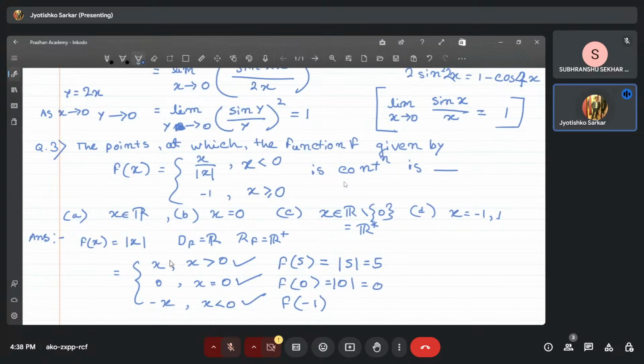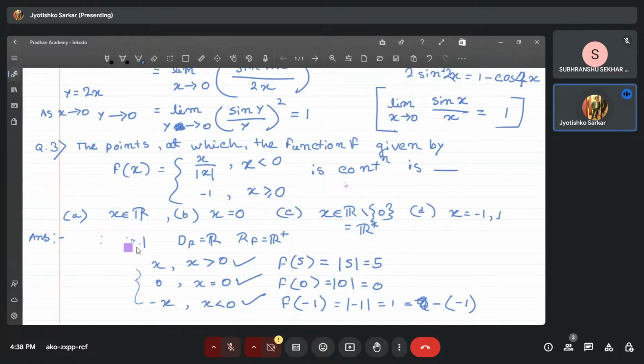In this case, we will get output minus x. Modulus of -1 is 1. You can see that this 1 can be written as minus of -1. So here x is -1 and our output is minus x. So that's the definition of mod x.